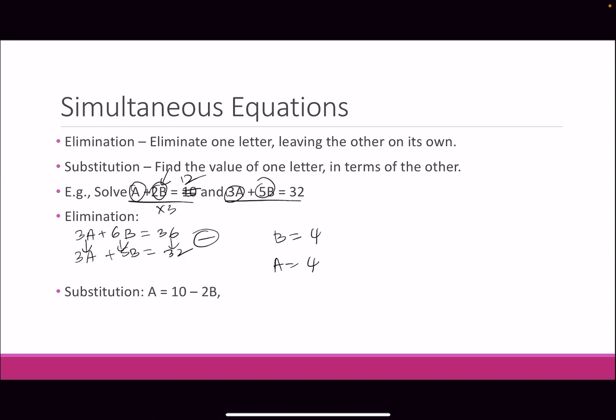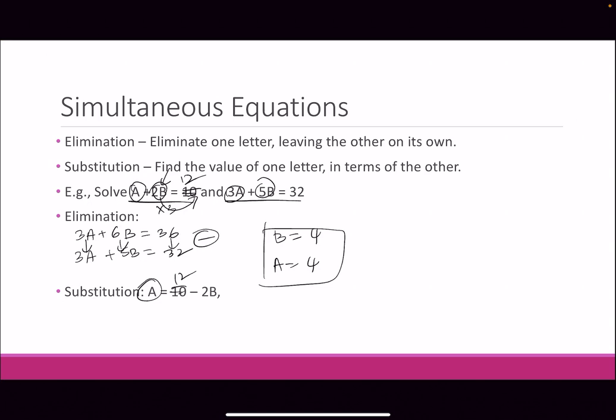Now, that was elimination. If we use substitution, we need to rearrange one of our equations to find a in terms of b, or b in terms of a, whatever you want to do. So I've done a in terms of b here. If you move 2b over, a equals 12 minus 2b.